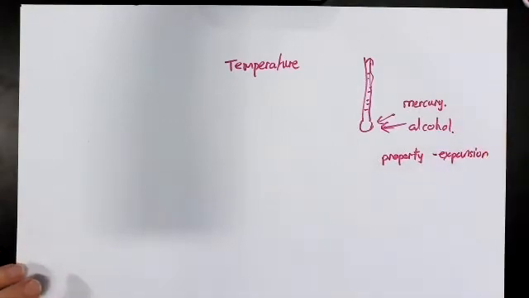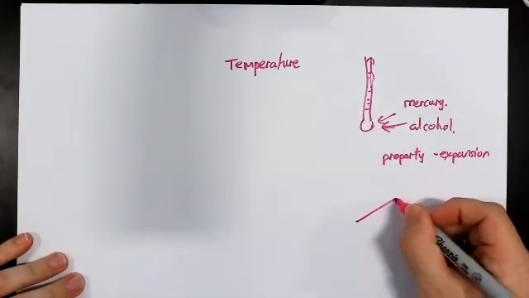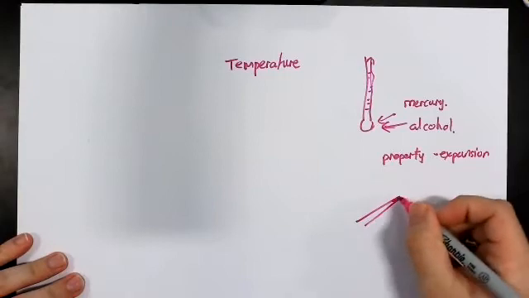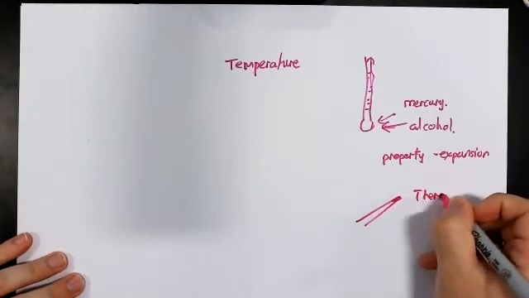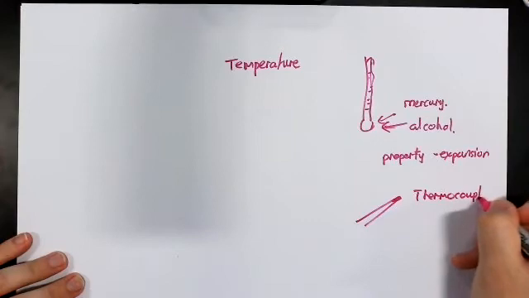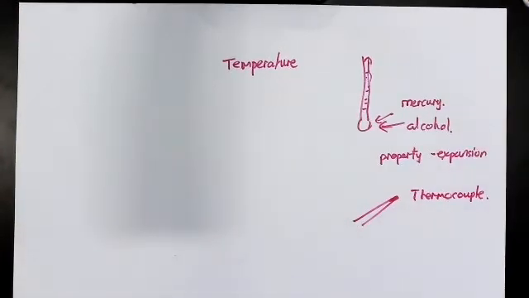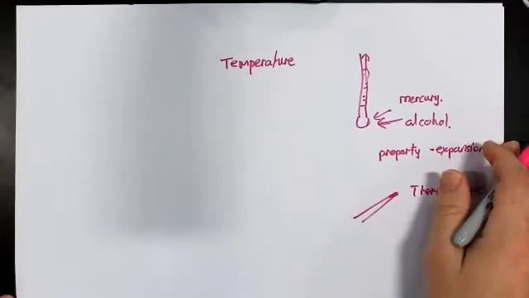When heated. And you can use any number of properties that change when heated. So, in the example of a thermocouple we'll look at in a later lesson, two pieces of wire wound together give you a thermocouple, and we'll look at how the properties of those metals change when heated up, and we then use that with a voltmeter to give us a value of temperature in this case.